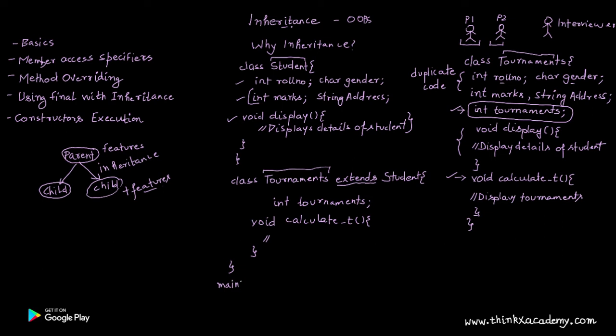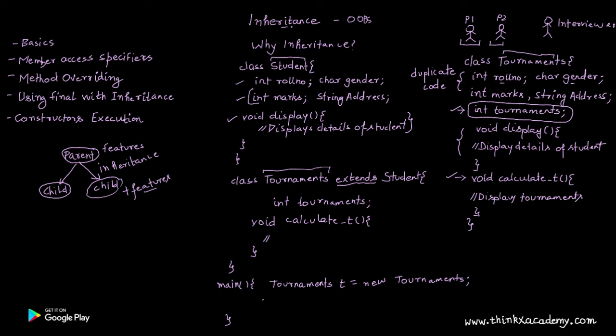So let's suppose this is the main function, and inside this main function, let's suppose I create an object of this tournaments class, tournaments t equals to new tournaments.